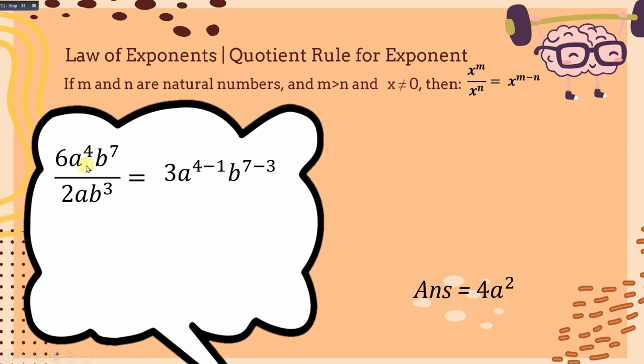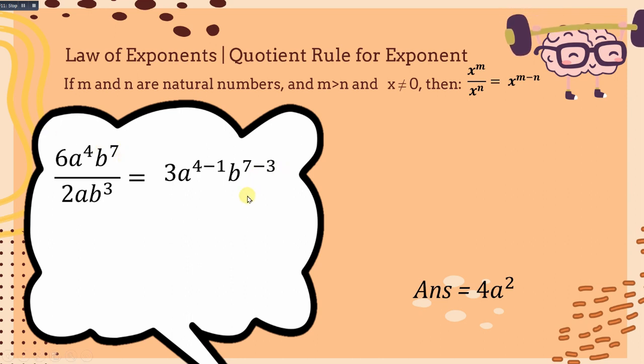So we have 4 minus 1. Okay, and then also keep the base. They do have the same base, which is b. That's why we keep and copy the base of b and then subtract the exponent, we have here 7 minus 3. So the answer would be 3a cubed and b to the 4th power.